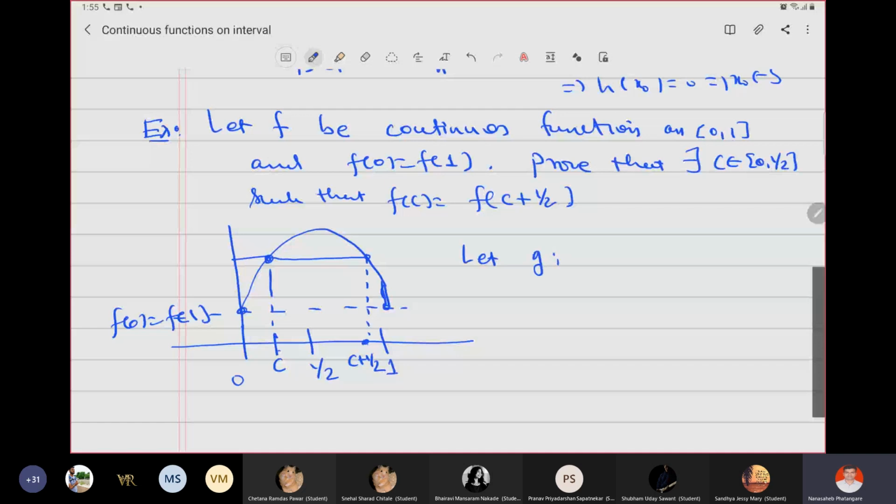This function is well defined, because when I vary x between 0 and half, x plus half varies between half and 1, so f of x plus half is also well defined.